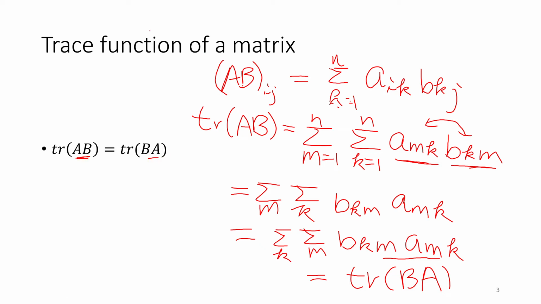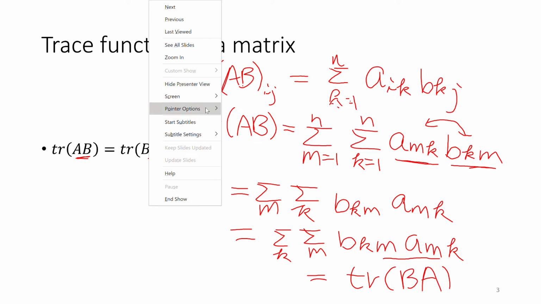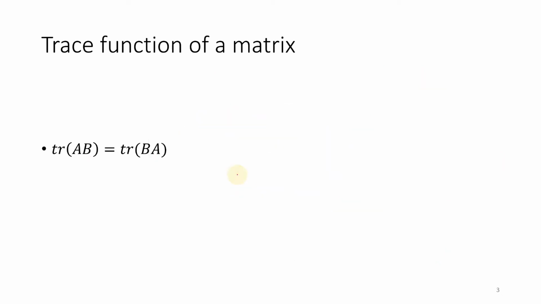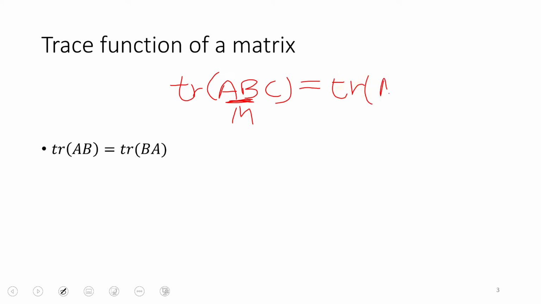Okay, so we go one step further. If we have A times B times C, for example, the trace of ABC, you can look at the first two, A times B, and let's say that is the matrix M. That will be equal to the trace of MC.